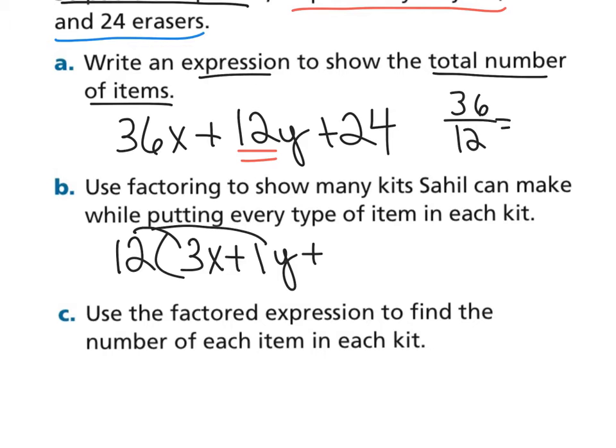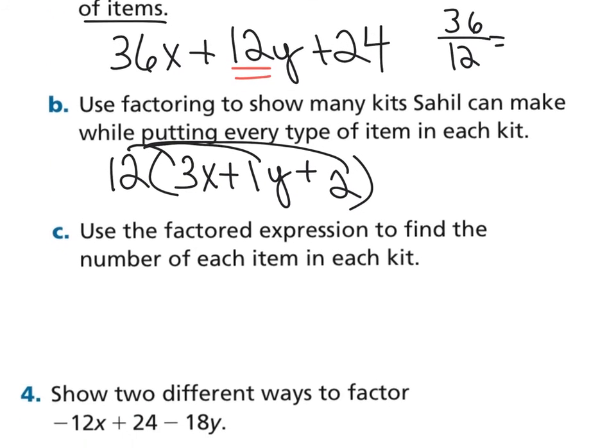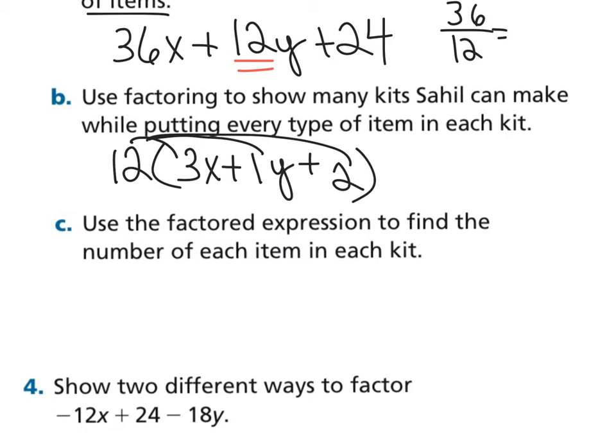And then 12 times 2 equals 24. So this would be factoring, and what that means is that since we were able to factor 12 out, that means that he could make 12 identical kits.